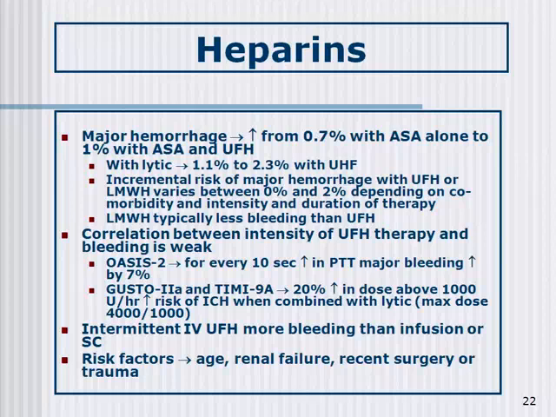We know in some of the other cardiac trials that in doses above 1,000 units per hour and bolus doses above 4,000, when lytics were given, intracranial hemorrhage was increased. So the key, and we mentioned this in the STEMI lecture, is that if you use lytics to treat STEMI, the maximum amount of unfractionated heparin that can be administered is 4,000 as a bolus and 1,000 units per hour, regardless of body weight.